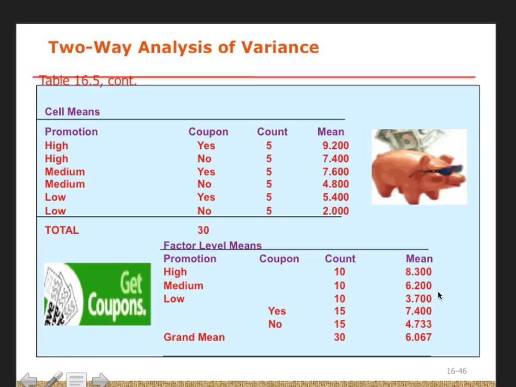Perhaps the researcher already suspected that a low level of promotion will result in lower sales than a medium level, and that a medium level will result in lower sales than a high level. Then the contrast test is only conducted if the ANOVA F-test is significant.